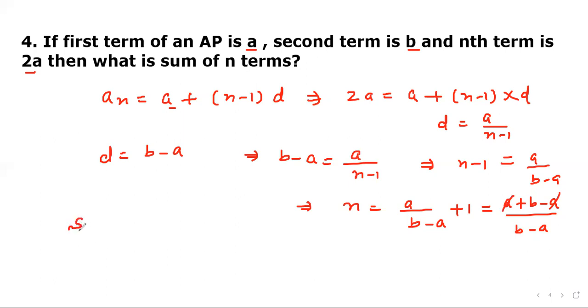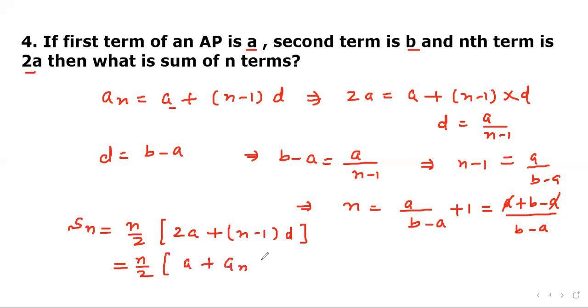Now we apply formula for sum. Sn equal to n by 2, 2a plus n minus 1 into d. We put the values. So n by 2, a plus an, because this thing can be written as a plus n minus 1 d, which is a plus an. And we have an, that is nth term, as 2a, and n as b upon b minus a.